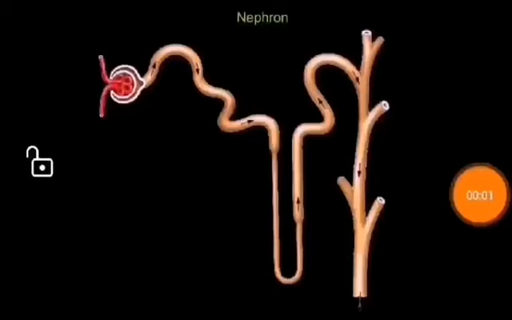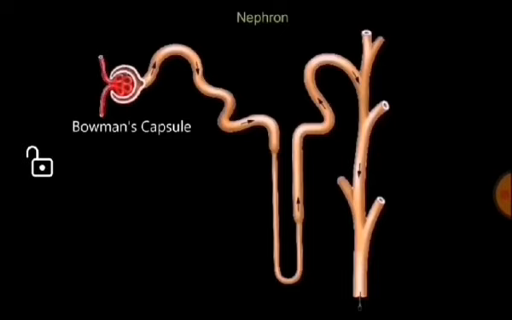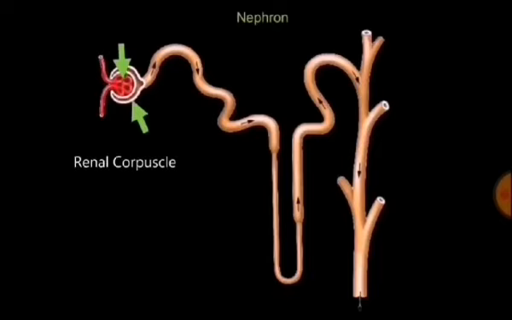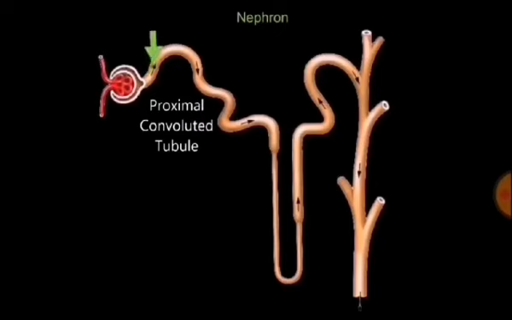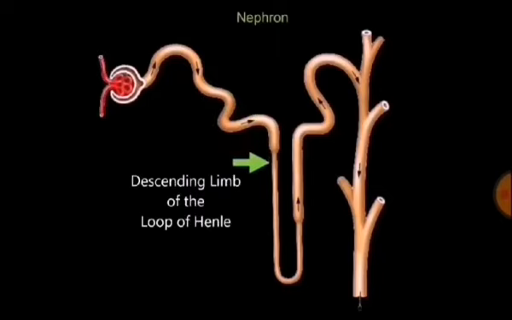A nephron consists of a glomerulus and a cup-shaped structure known as Bowman's capsule. These two structures are collectively known as renal corpuscle. The renal corpuscle opens into a highly convoluted structure known as proximal convoluted tubule, which descends down to form the descending limb of loop of Henle.